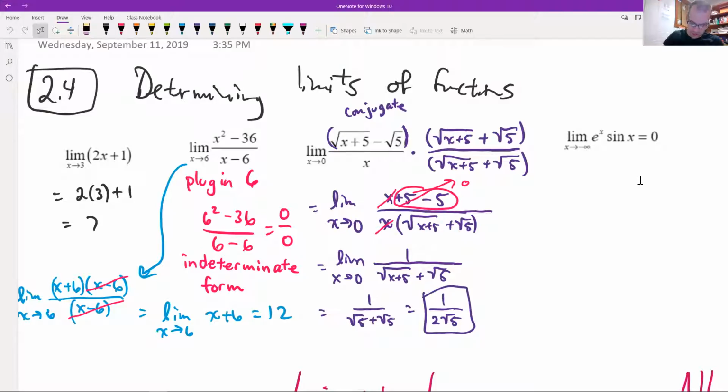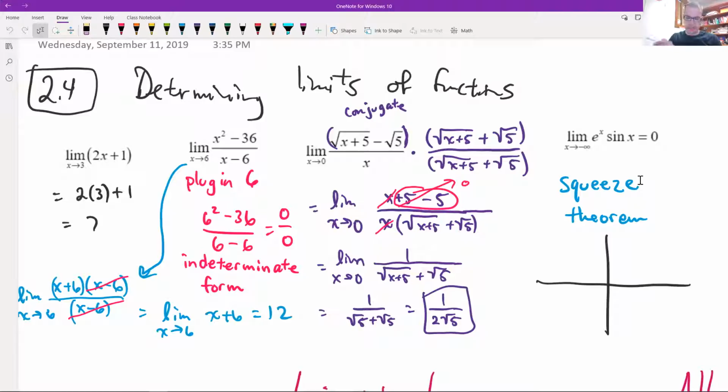So this is the squeeze theorem, where the general idea of that will be this function e to the x times sine of x. It's the product of those two things.